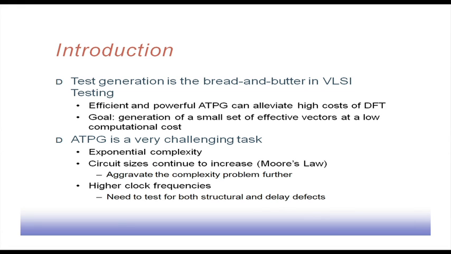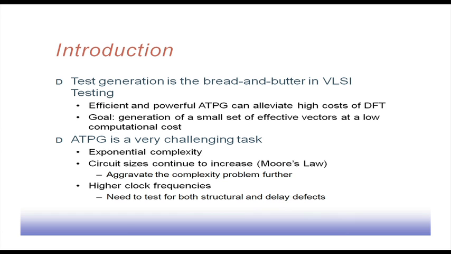The goal is to generate a small set of effective test vectors at a low computational cost. This is another important issue, because whenever we are generating a test pattern, we need to know what faults that pattern can detect. Maybe previously we have generated 100 patterns, and those 100 patterns have covered some 10,000 faults present in the circuit.